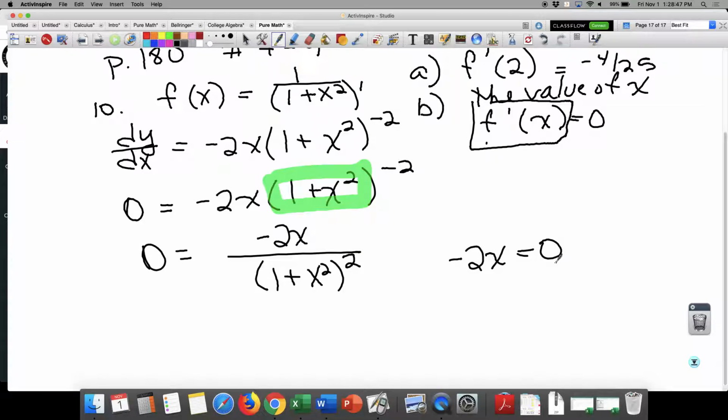No, that's not what I said. If I multiply this on this side to get rid of it here, and I multiply it on this side by 0, it becomes 0. So what is the value of x? 0.